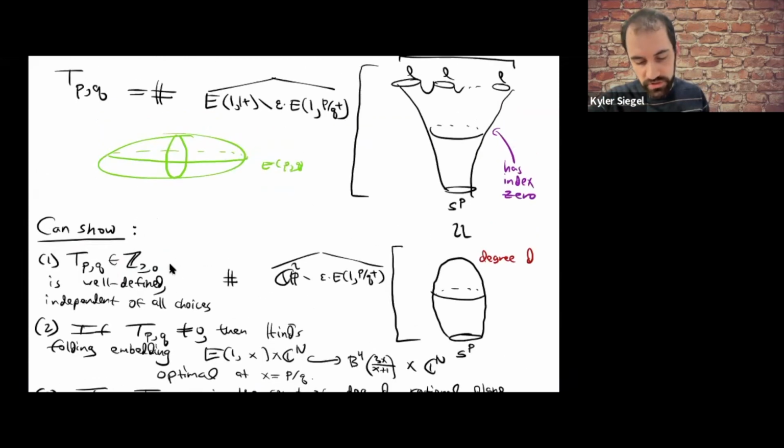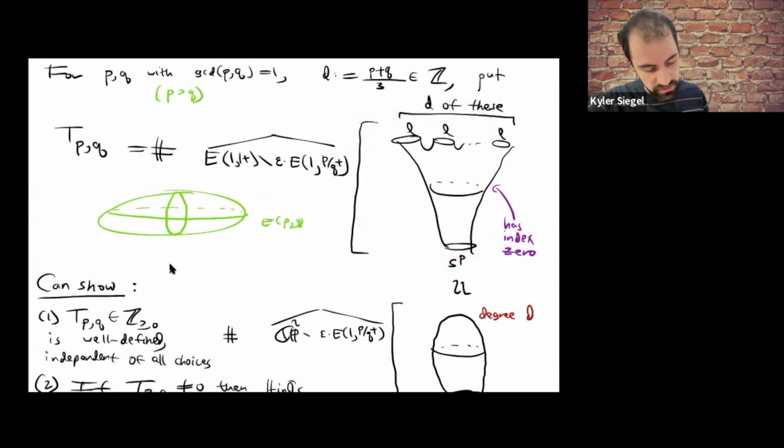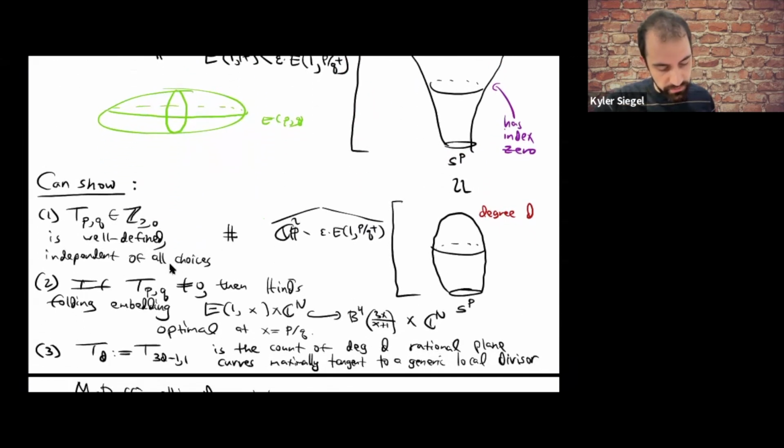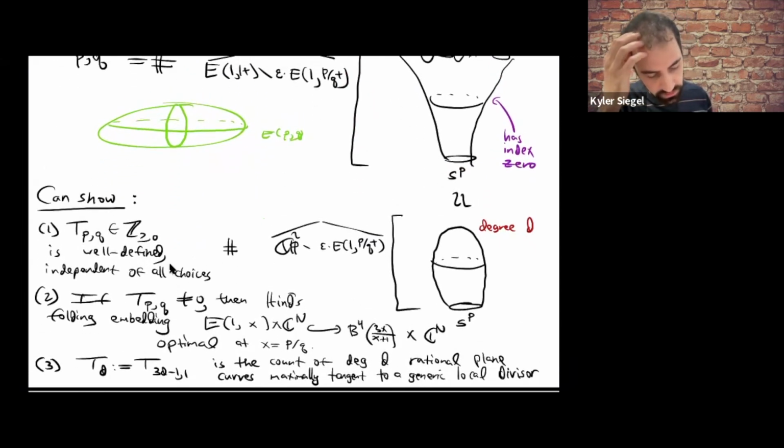So each of these curves counts positively if it exists, and so you get these non-negative integers, and the relevance for the embedding problem is that if there's a non-zero number of these curves, so if there exists at least one curve like this, then there's an embedding, there's a construction due to Hind, the Hind version of the folding embedding, which is then optimal at that value for x equals p over q.